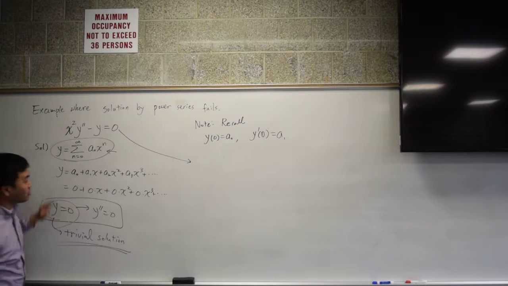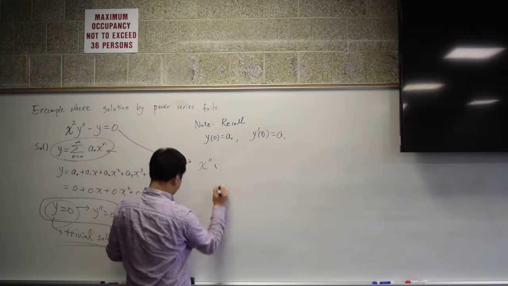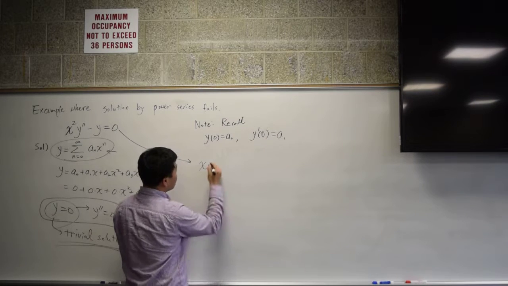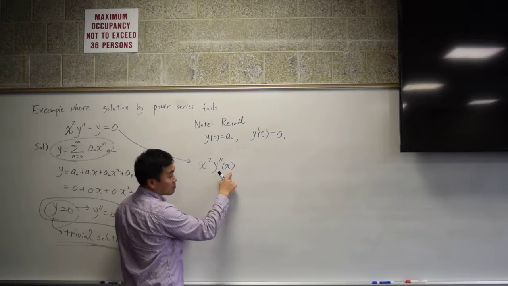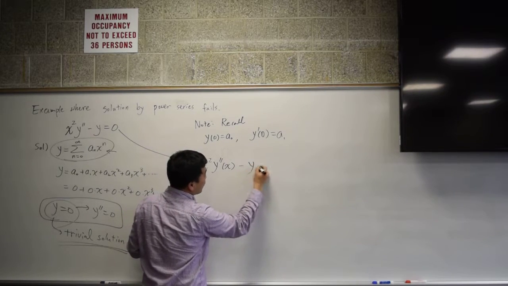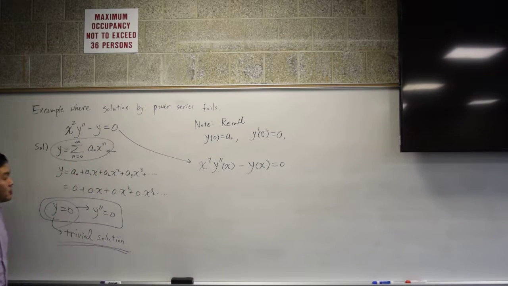Why is that? Often we suppress the dependence on x, but y double prime is a function of x, and y is also a function of x. So these are both functions of x.